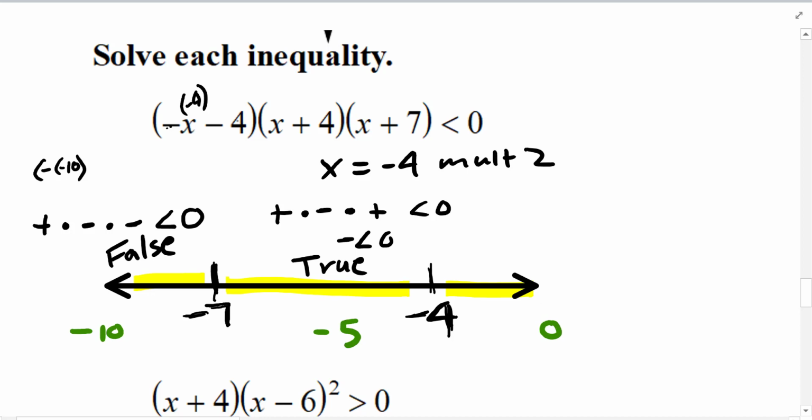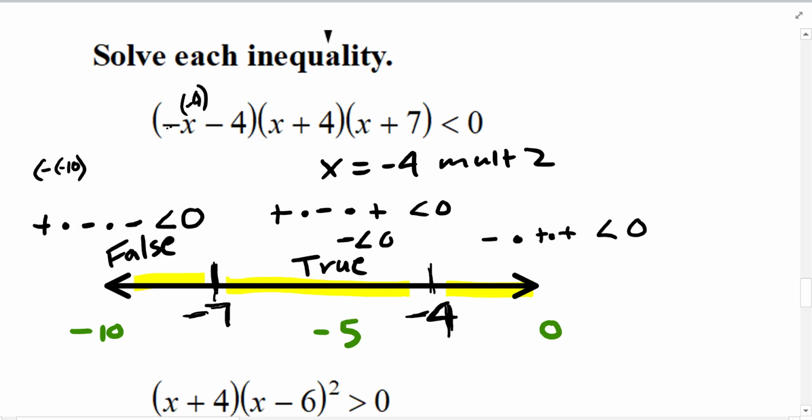And then I'm going to plug in 0. Well, 0 subtract 4 is a negative, times a positive times a positive, because 0 plus 4 is positive, 0 plus 7 is positive.